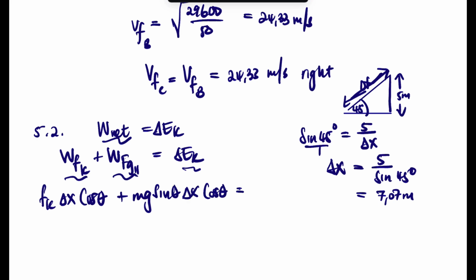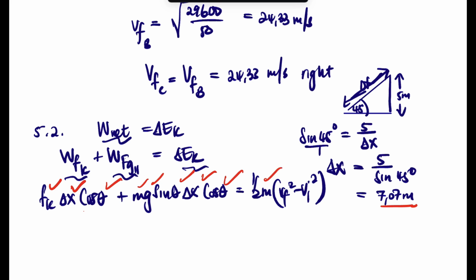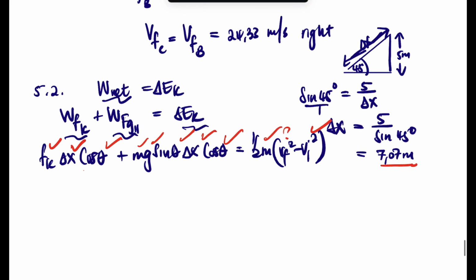And the change in EK is half m times v final squared minus v initial squared. Right, let's look at what we have. We have the friction, the displacement, the angle and the mass.